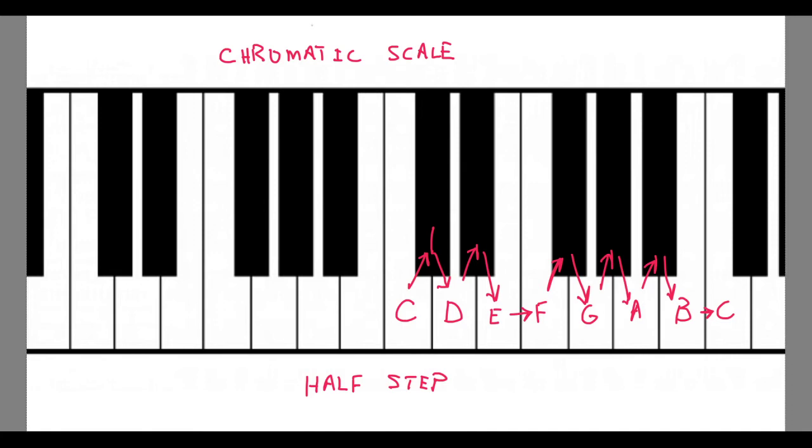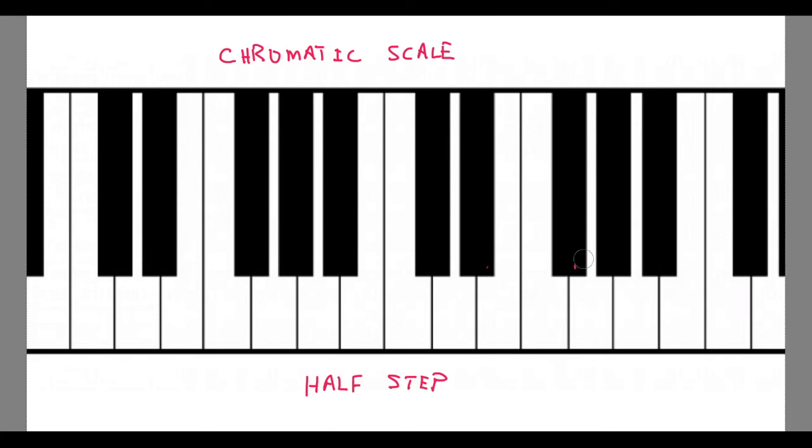There's another distance that we can measure, though, as well, and that is the distance of 2 half steps in a row, and that is known as a whole step. A whole step is simply 2 half steps.